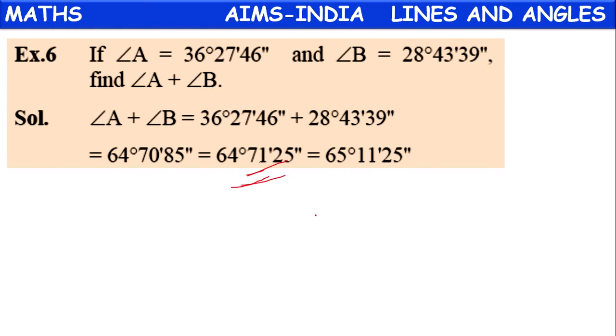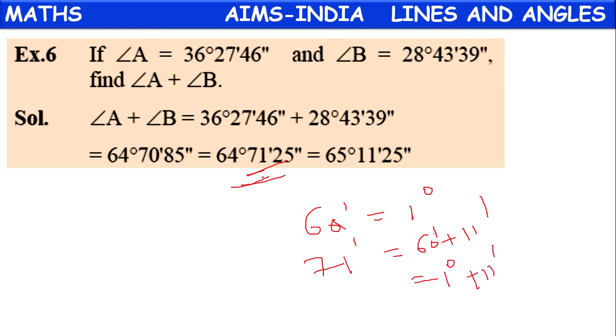After that, 71 minutes. We know that 60 minutes equals 1 degree. So 71 minutes can be written as 60 minutes plus 11 minutes, that is 1 degree plus 11 minutes. So this 71 minutes we write as 11 minutes, and 1 degree will remain.